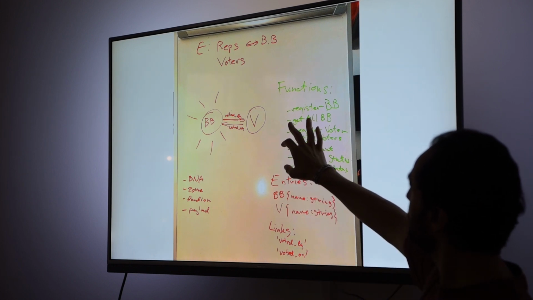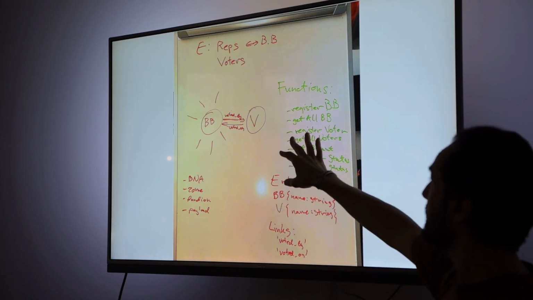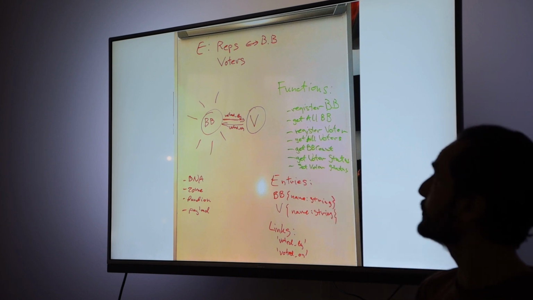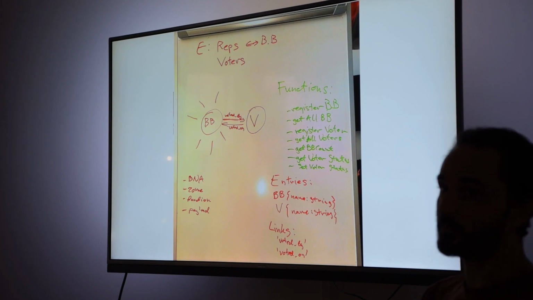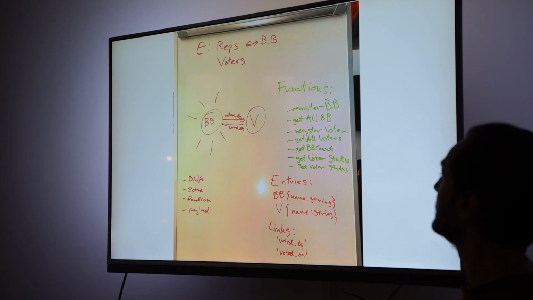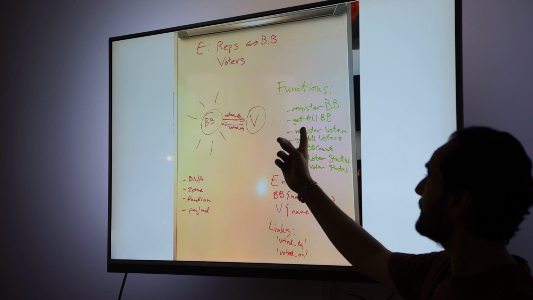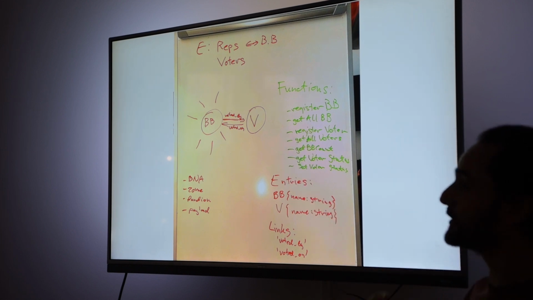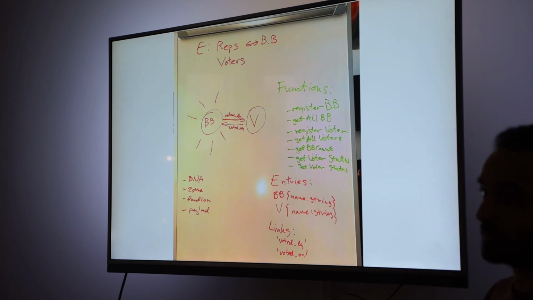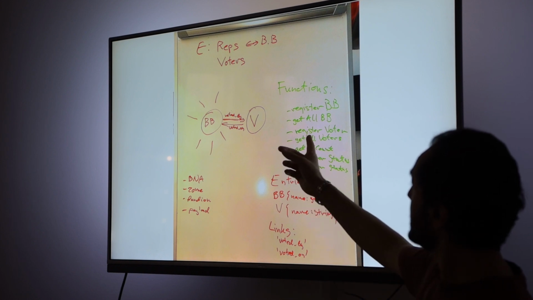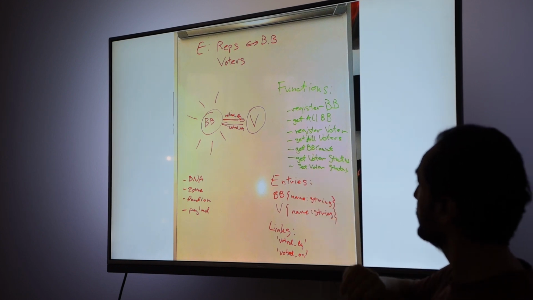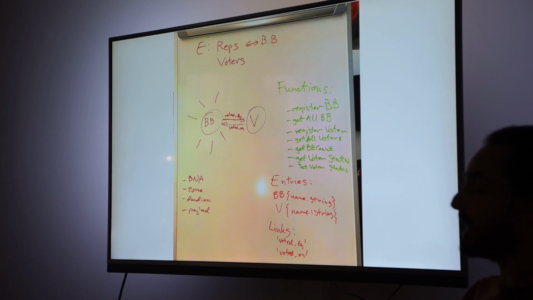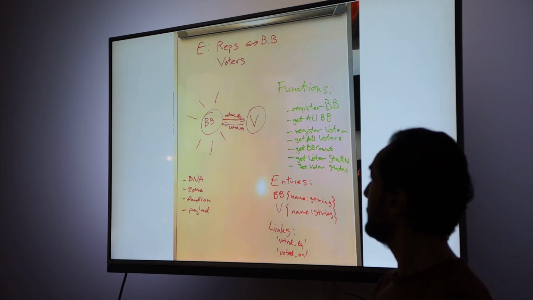So we have register ballot box, in order for a ballot box to exist in the first place and to be identified as representing one representative, and you have the function get all ballot boxes because you want to know who all the representatives are. You have a function register voter, which allows a voter to show up in the app.